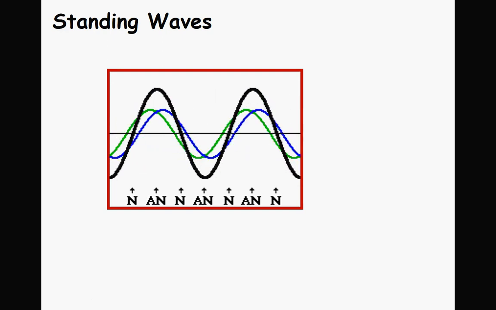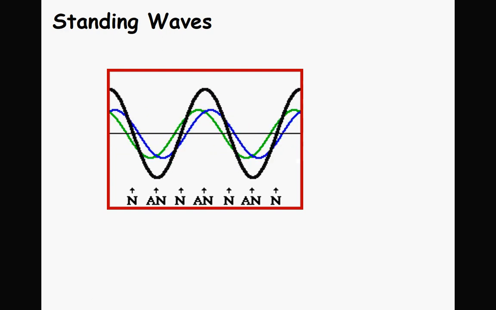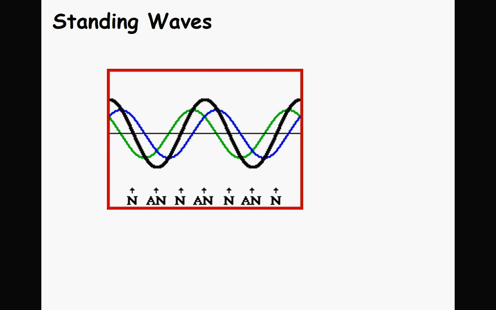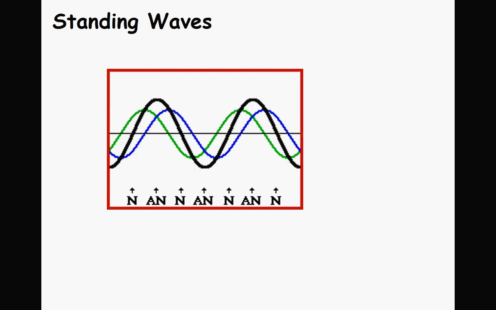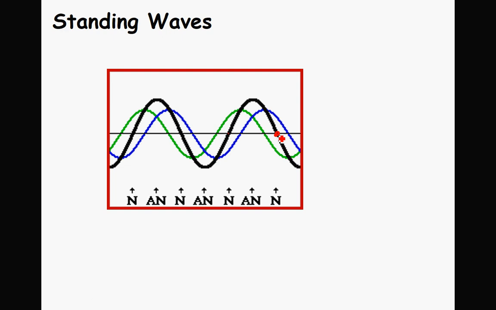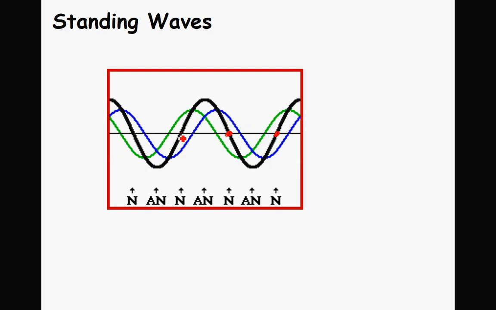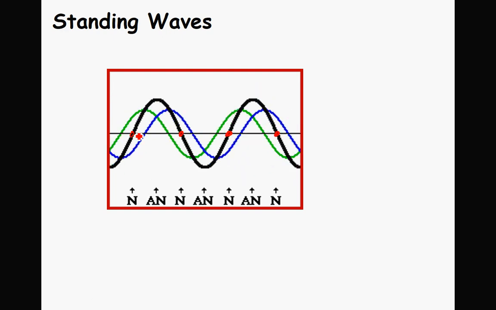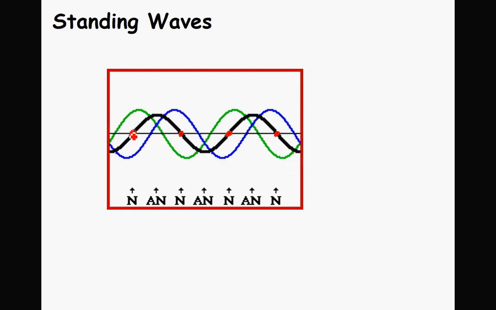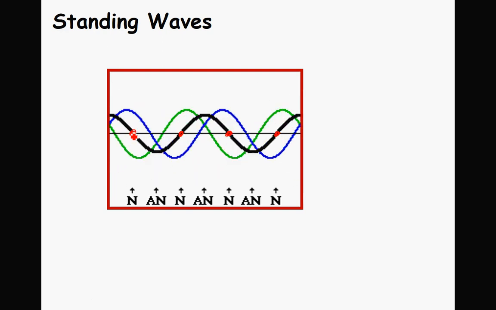But anyways, as we look at this pattern that's being formed, remembering the black line is the resultant, or the addition of the two waves, the green moving towards the left, the blue moving towards the right, at points that we see right here, right here, right here, and right here, does it ever actually move off the equilibrium position on those red spots?